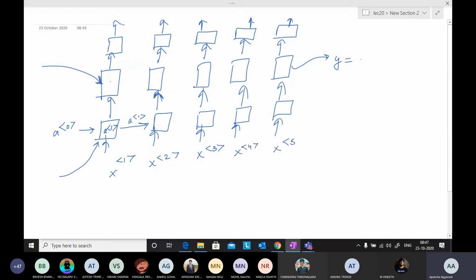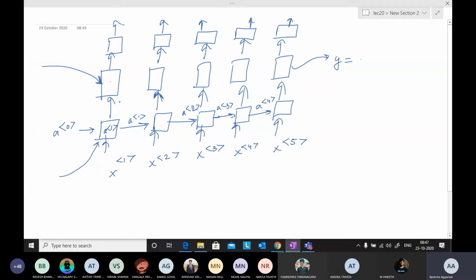Suppose it is a 5-word input, 5 terms are there. So we have 5 activations from previous layers, and we have activations from the current input.